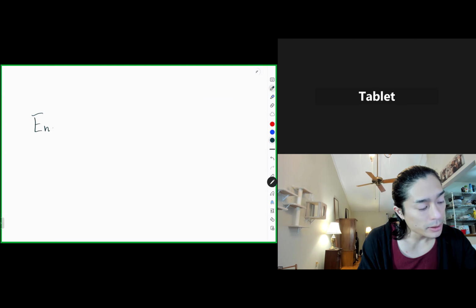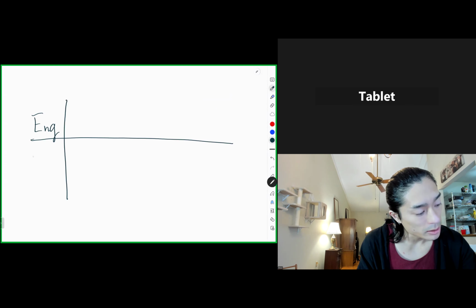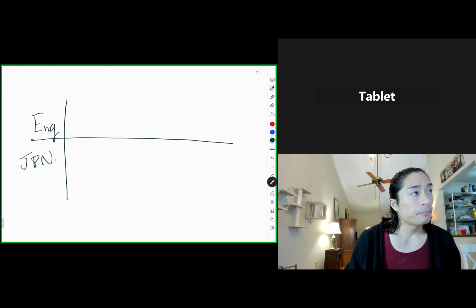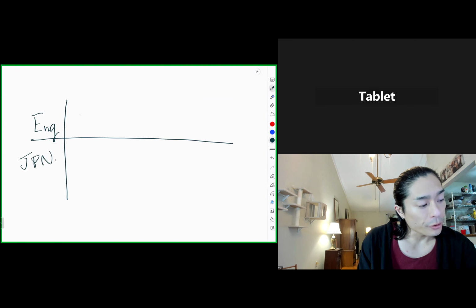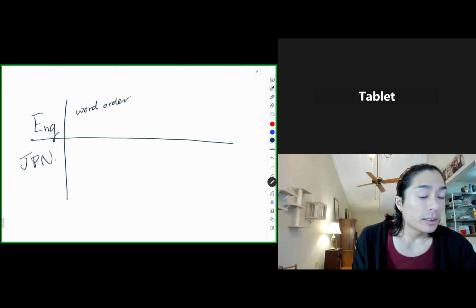I like to compare a lot with English since I'm usually teaching this to English speakers. So in English, word order does matter. It is really important.